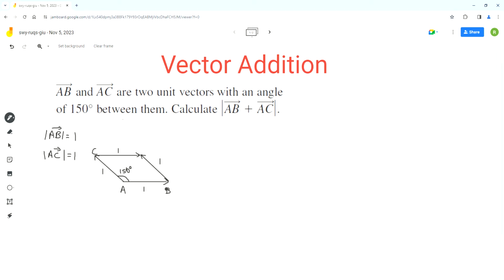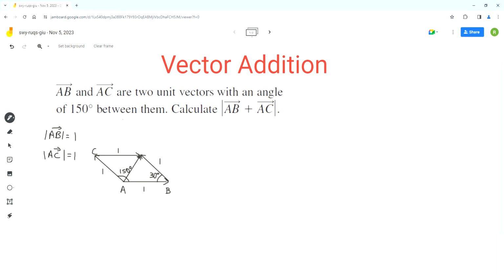Now we know that in a parallelogram, the adjacent angles are supplementary angles. That means the measure of this angle is 30 degrees. So supplementary angles are angles whose sum is equal to 180 degrees. So vector AB plus AC can be represented by the diagonal of this parallelogram, which will be this.